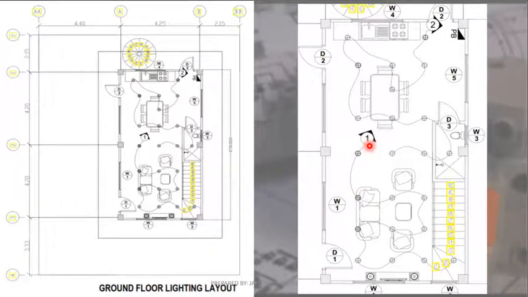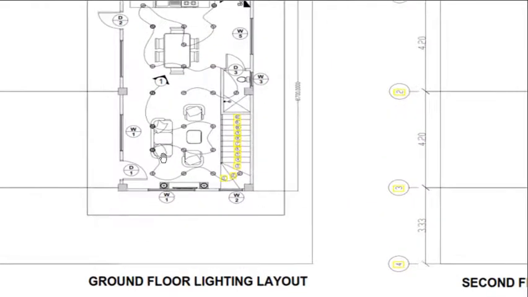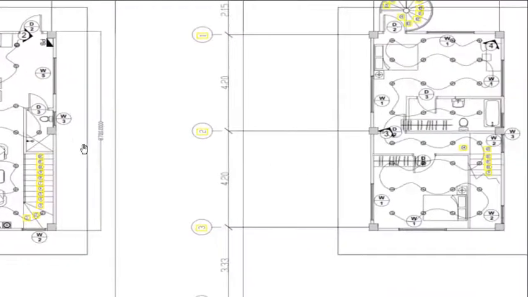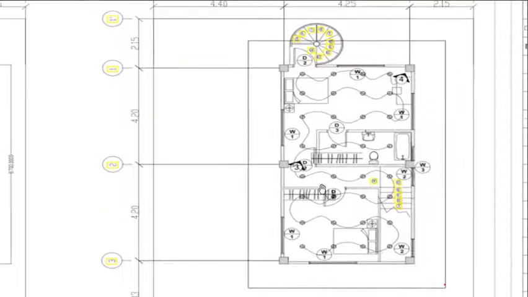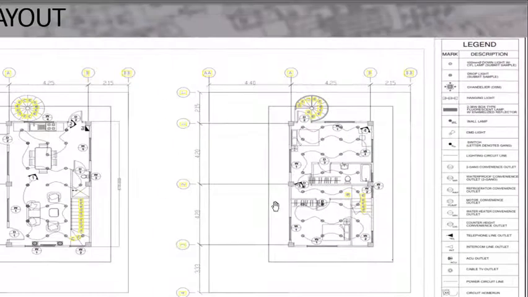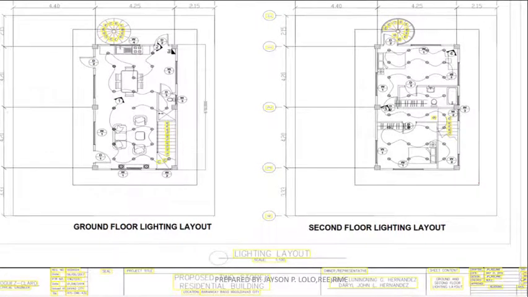As you can see, in the ground floor, the lighting starts at 1, 2, 3, then 4. This is just a two-floor residential.